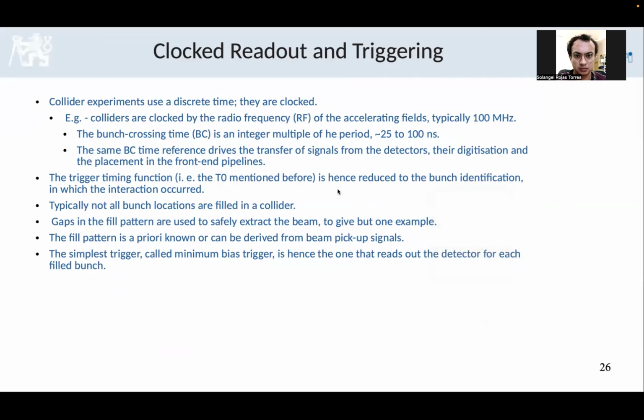Okay. So clock, readout and triggering. Normally for this experiment you have a reference clock. In the case of the LHC, it is determined by the radio frequencies of the accelerator, and they are called bunch crossings, which are integral multiple periods of 25 nanoseconds, where the collision may occur.